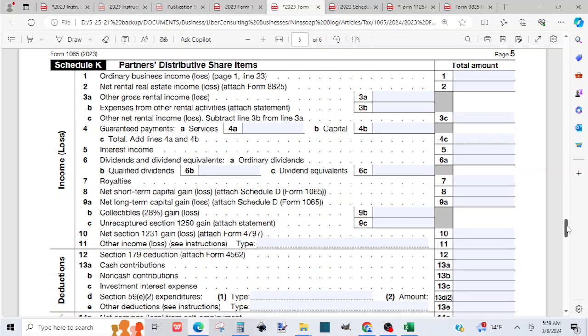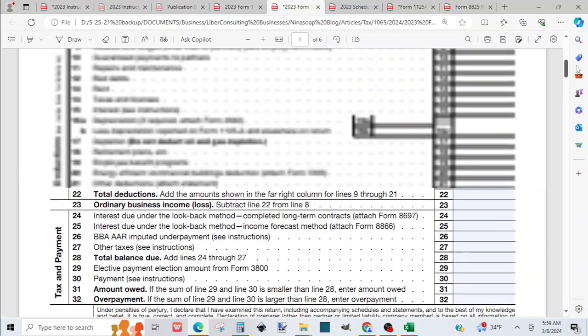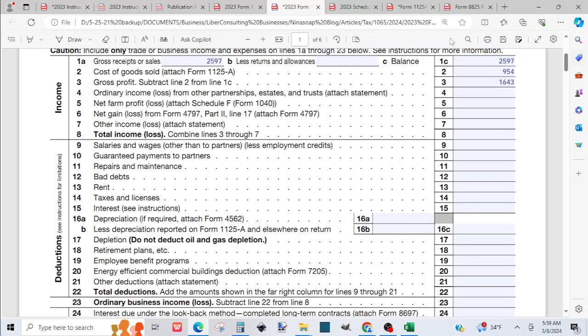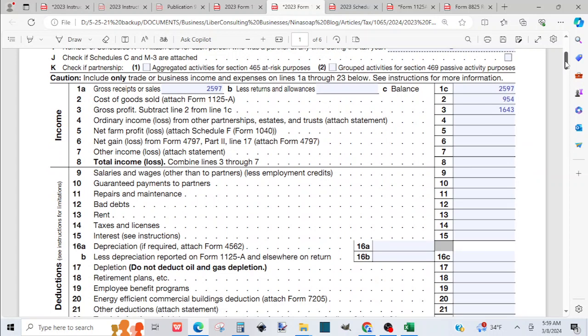And trade or business income and related expenses go on page 1 of 1065. And in this, since we are talking about retailers, we are talking about active business activities.